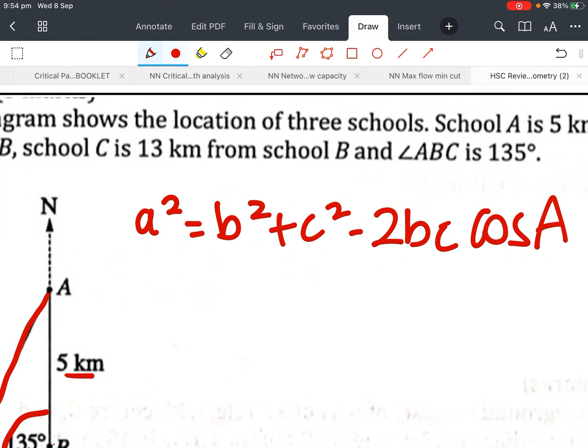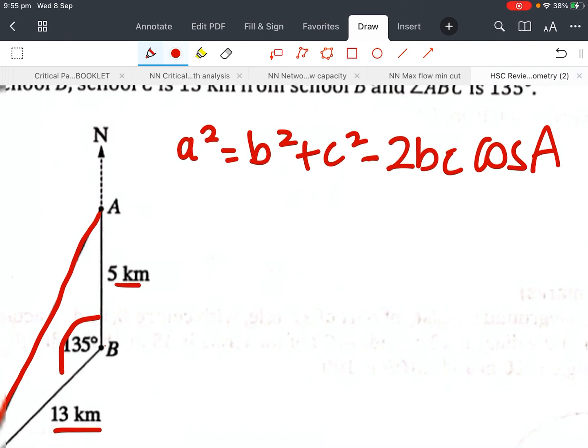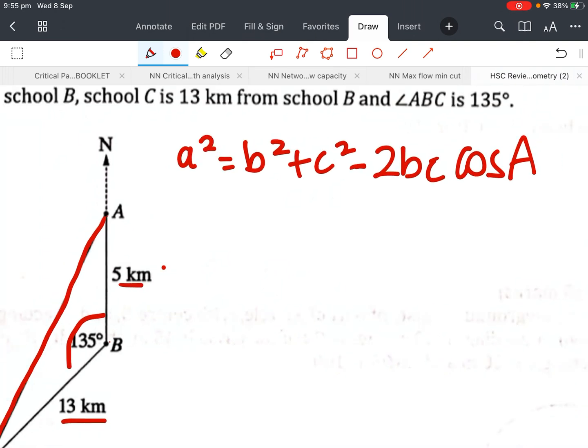Just saved me a bit of time having a fiddle around and look for formulas. If you don't know them well enough, have your formula sheet out and just make sure you're writing the right thing down. Okay, so this one here is going to be my B, and this one will be my C, and this is going to be my capital A, okay, that I'm going to put in the formula.